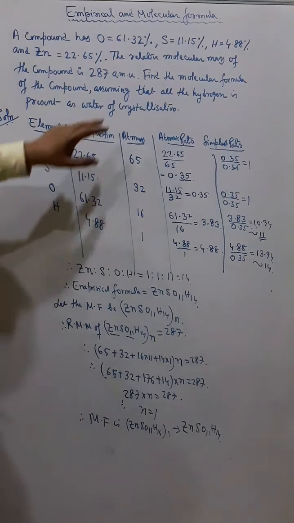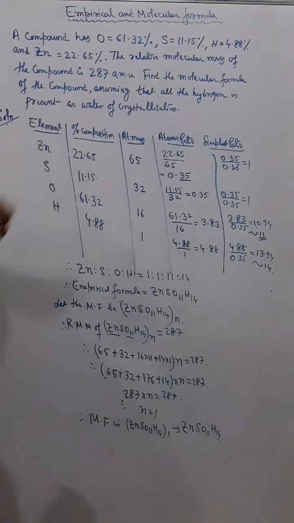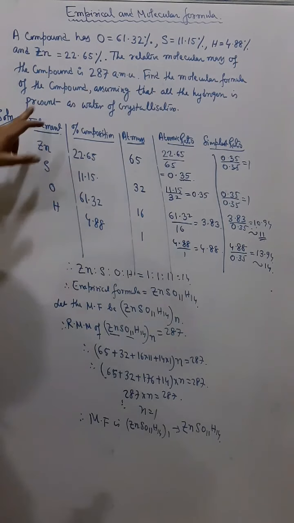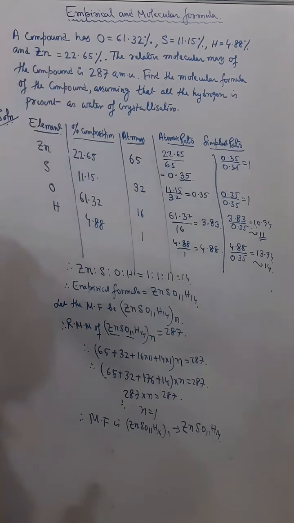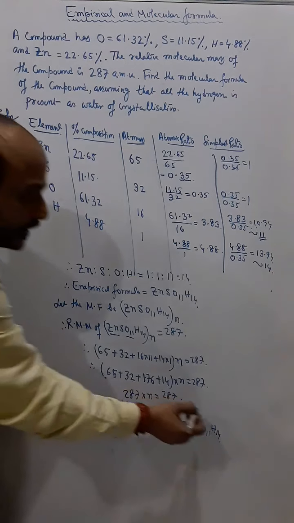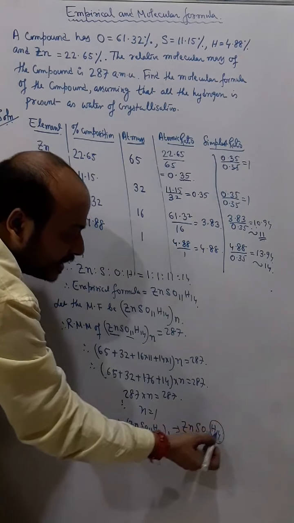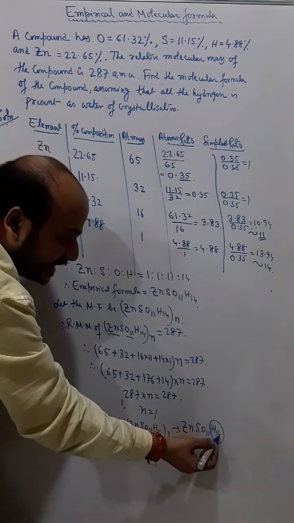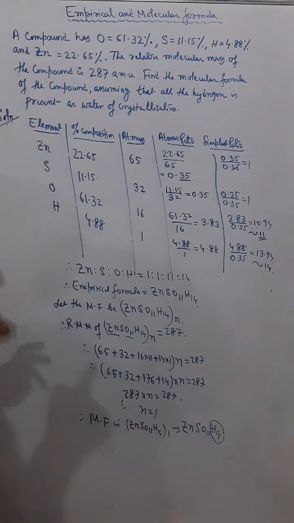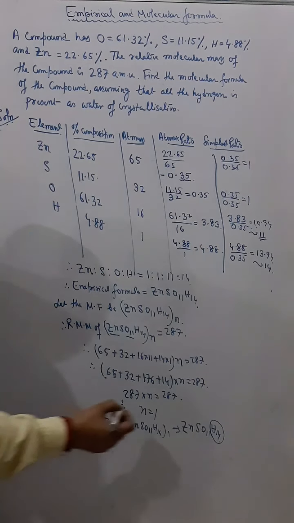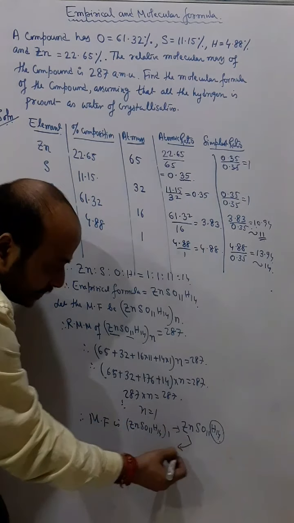But as you have seen here, what they have told is, assuming that all the hydrogen is present as water of crystallization, that means hydrogen will not be present independently; that hydrogen will be present in the form of water. So I have to write the formula in this way.